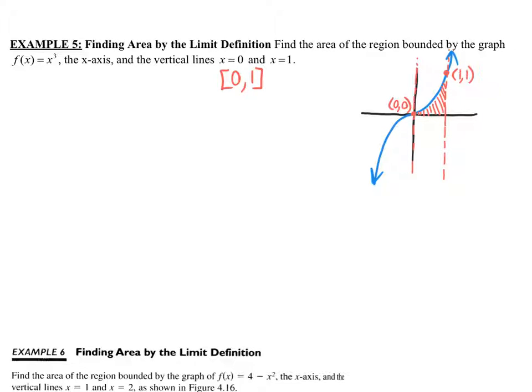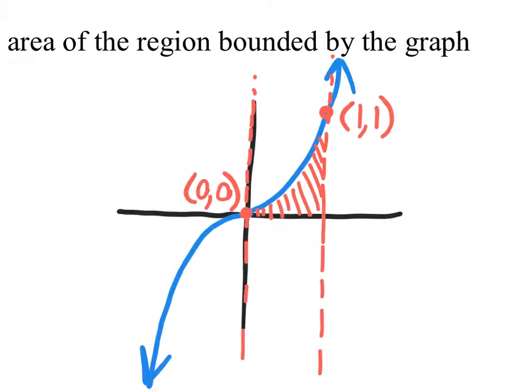Now, before we actually use the formula, I want you to think. Don't get so caught up in using a formula that you stop thinking. That shape right there is kind of a triangle, right? If I were to actually draw the triangle, what would the area of that triangle be? Base times height divided by 2, so 1 times 1 times a half.